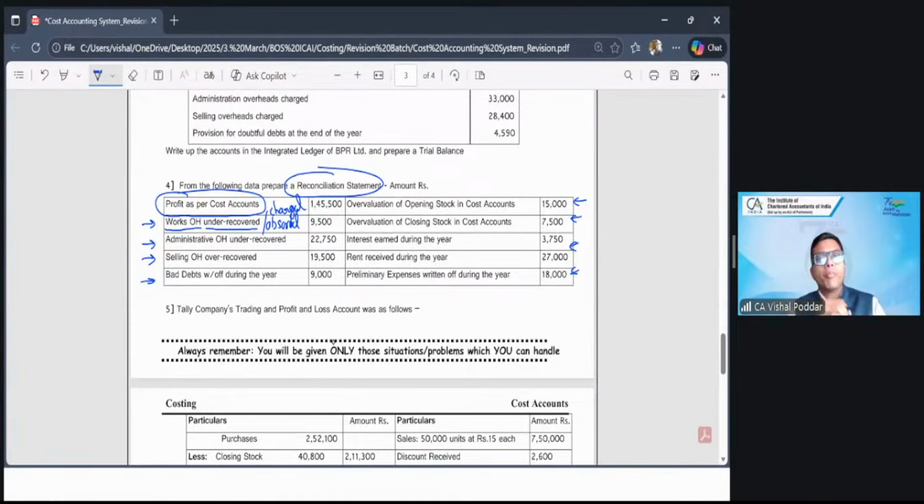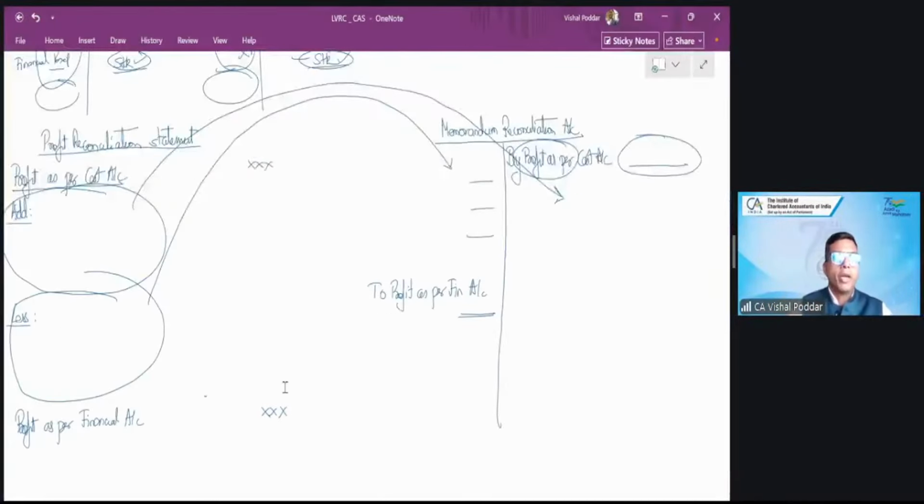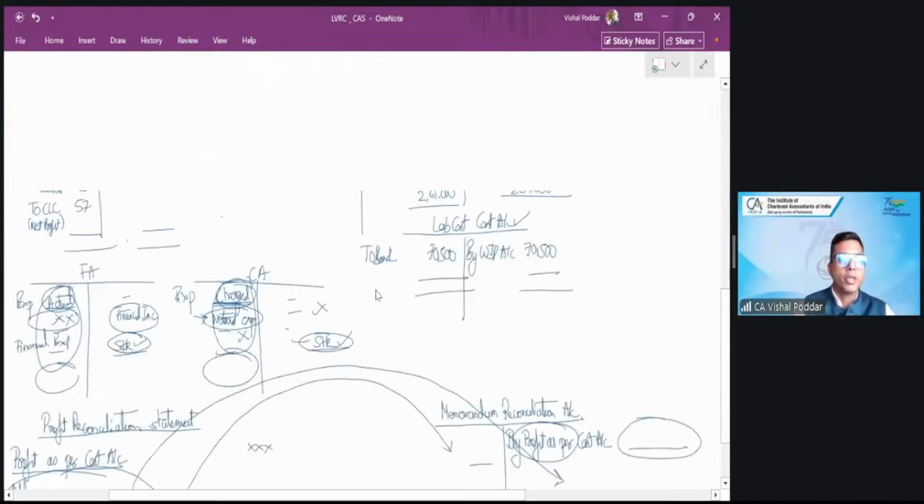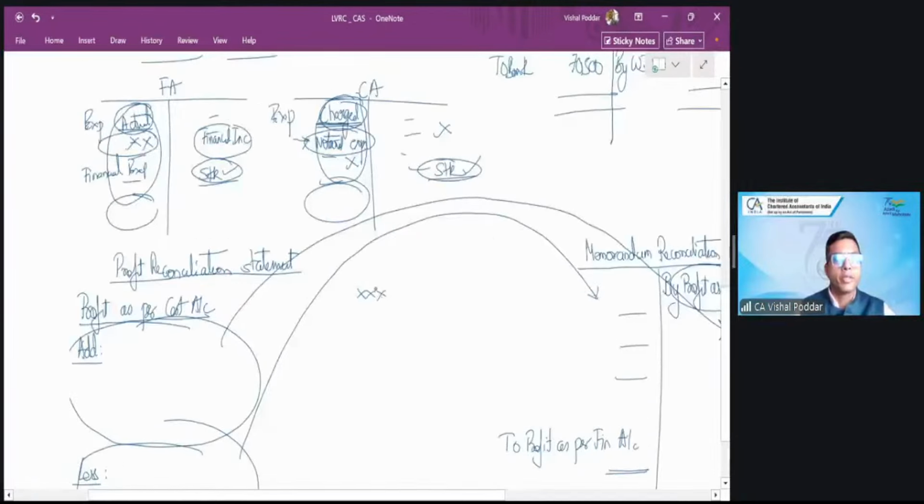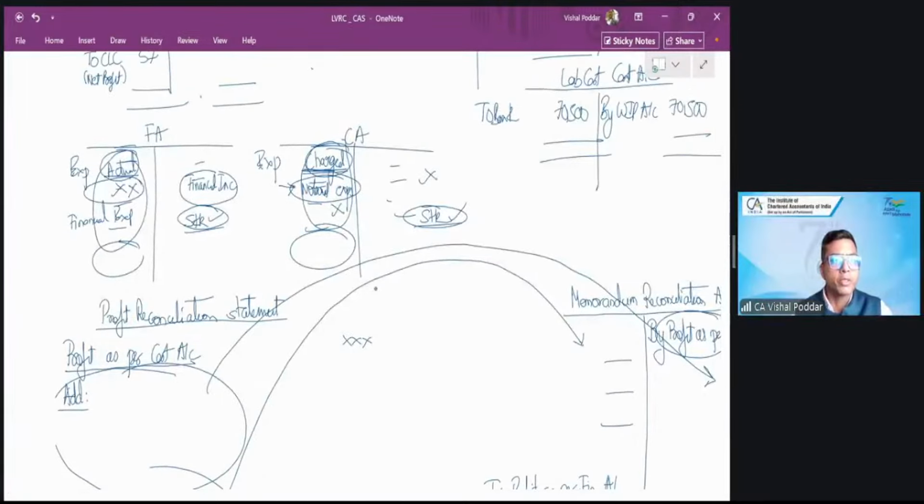profits. So, as I explained, in financial accounting, the figures of expenses are always actual figures, whereas in cost accounting, these are the figures which are taken using charging rates. So these are the figures which are charged or absorbed.